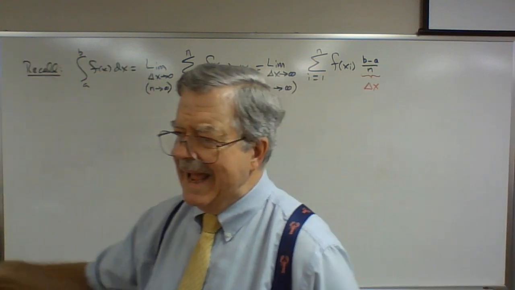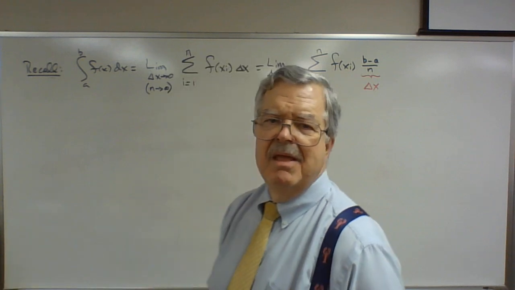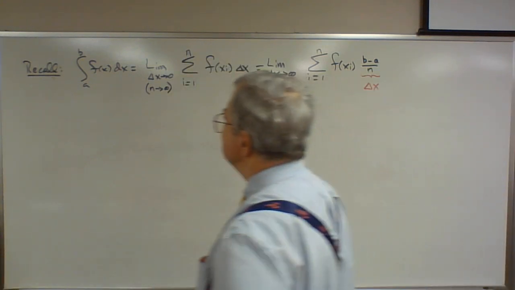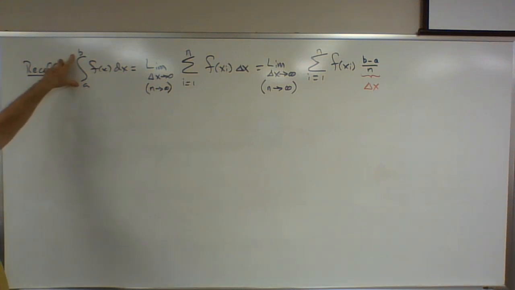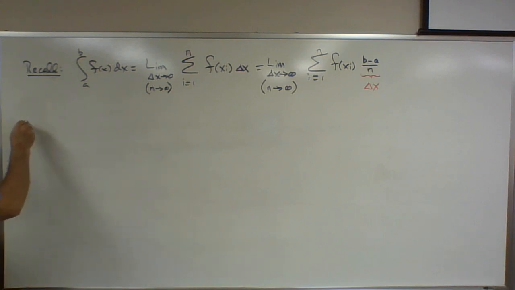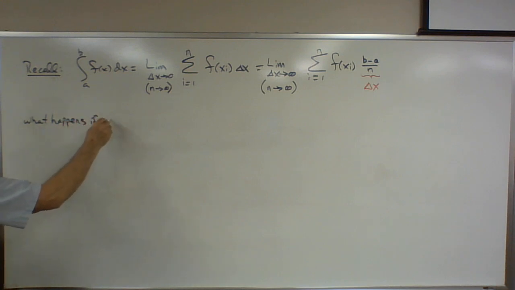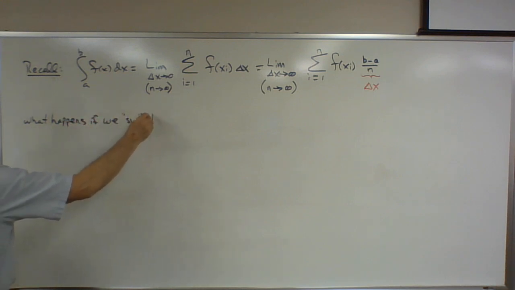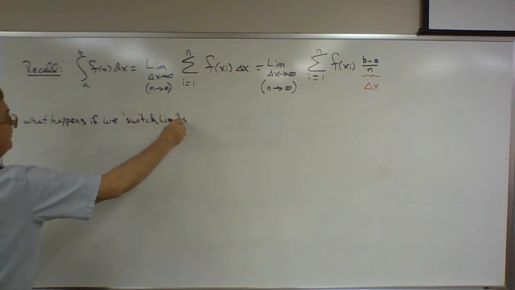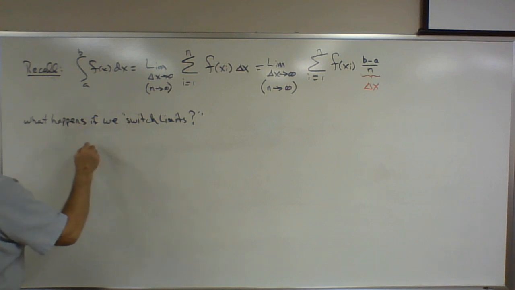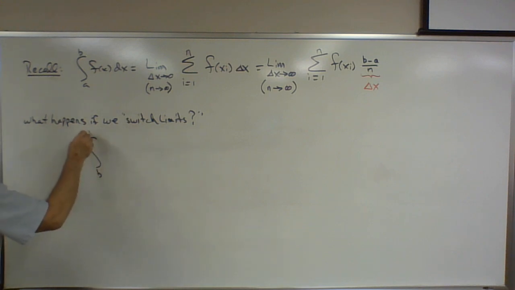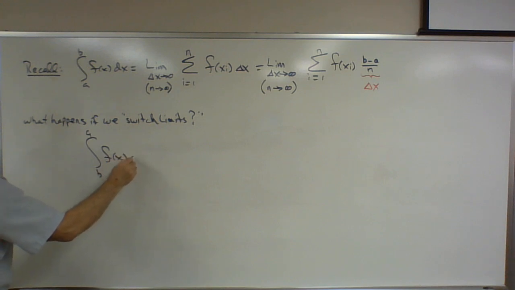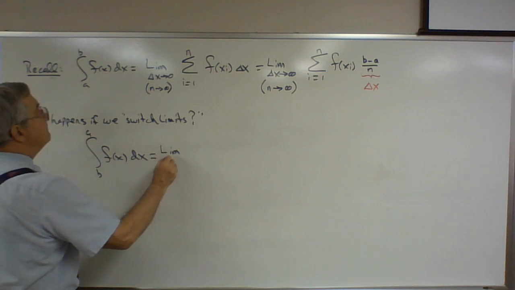Now, what would happen if I switch the upper and lower limits? Okay, we get the limit of a Riemann sum.